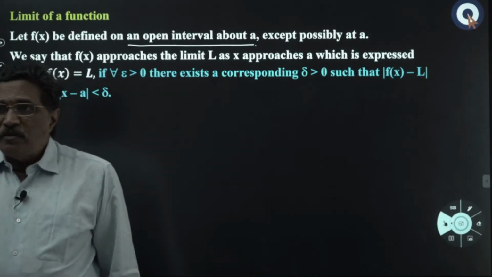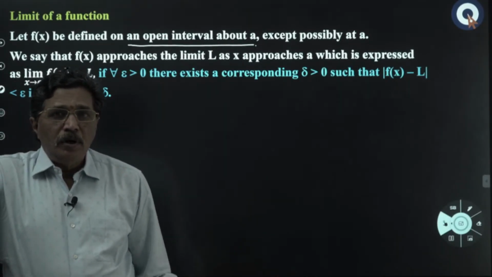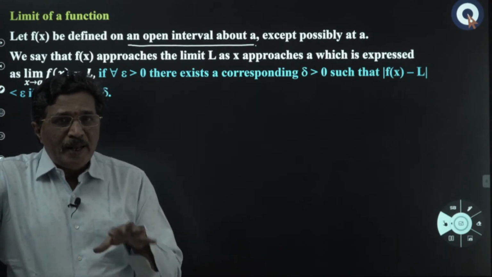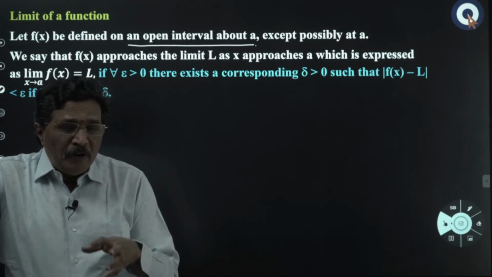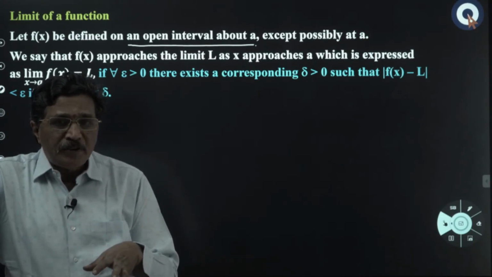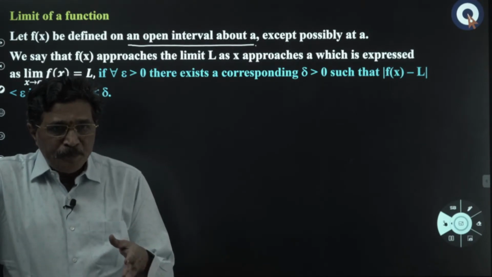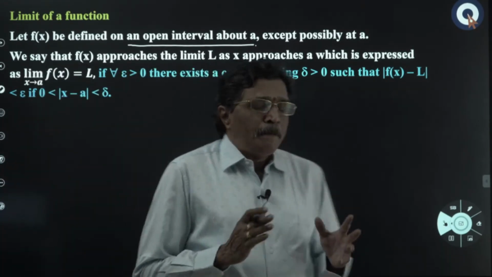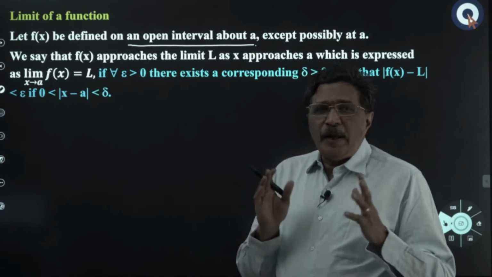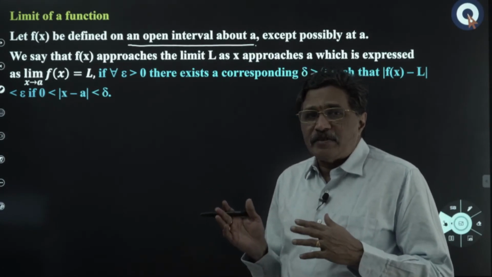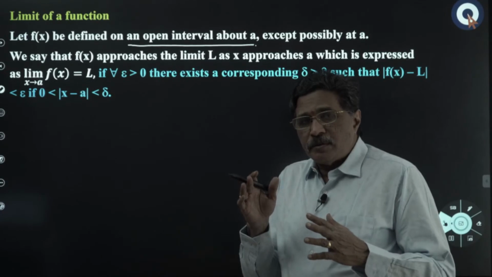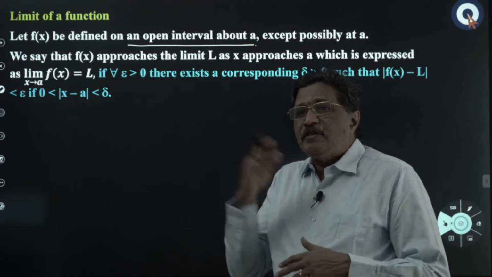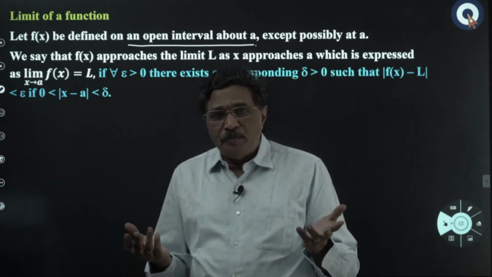Mind you, this definition only tells what limit is and it will not tell how to find the limit. So from an exam point of view, the true mathematical definition will not help in any way, except that if somebody writes the sentence as: for every delta greater than 0 there exists epsilon greater than 0, the definition is completely wrong.